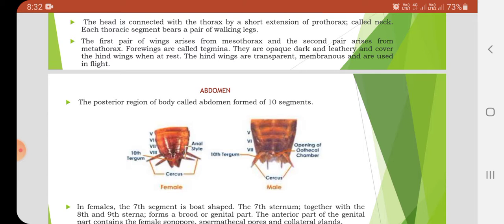Not all segments are visible externally. The hind segments remain somewhat concealed. The abdomen contains sclerites, the terga. There are 10 terga in male; 7th tergum covers 8th tergum, while in female, 7th tergum covers 8th tergum.